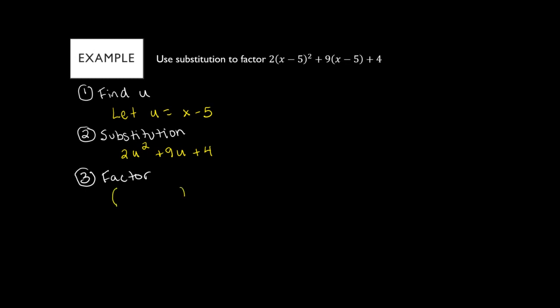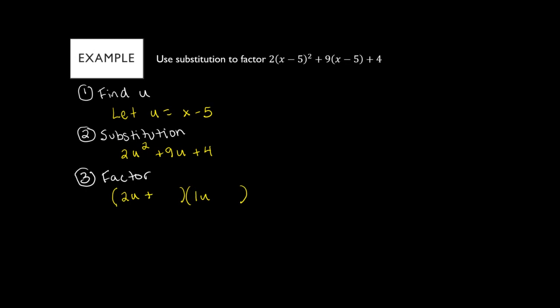So I've got my 2 sets of parentheses. And I said 2 and 1 are the only way to multiply to 2. And then I'm going to have a u in each spot. So 2u times 1u gives me 2u squared. Now, I am multiplying to 4 and adding to 9. I'm multiplying to a positive, adding to a positive.